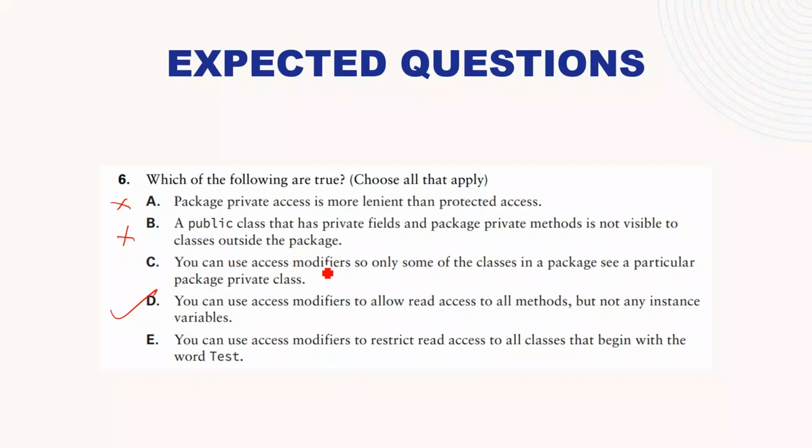You can use access modifiers, so only some of the classes in a package see a particular package private class. See option C, this is incorrect because package private access applies to the whole package, right? So it's not gonna work. Some of the classes like this is not the case.